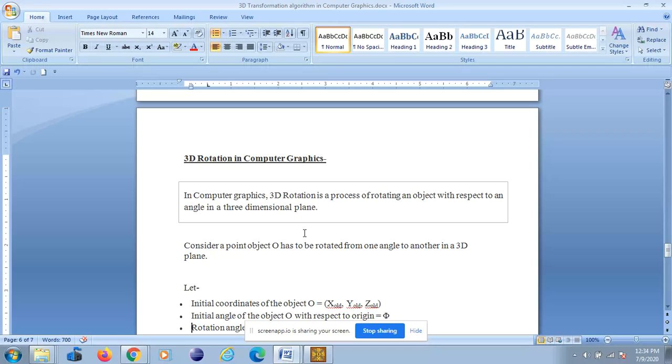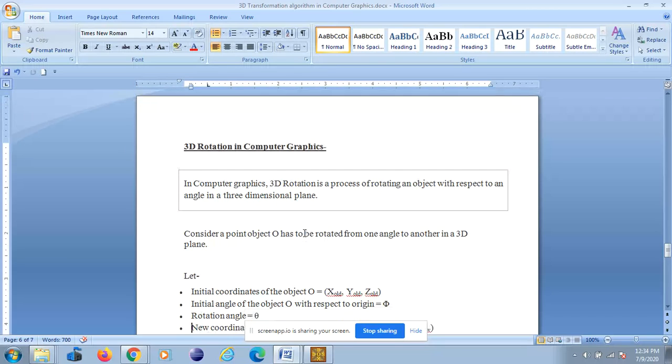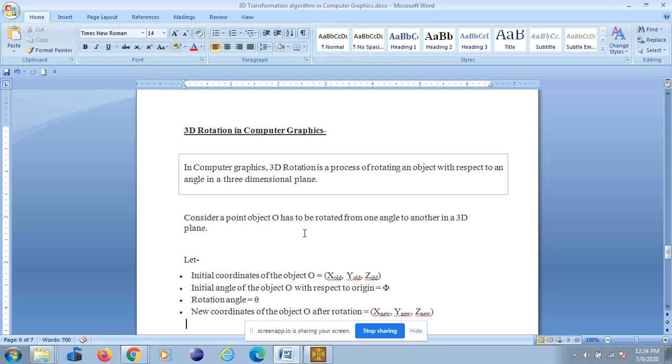Now consider a point object O that has to be rotated from one angle to another in a 3D plane. Here again we take the initial coordinates as x old, y old, z old, and the initial angle of the object with respect to the origin. After that, we enter the rotation angle, the angle at which you want to rotate that object.